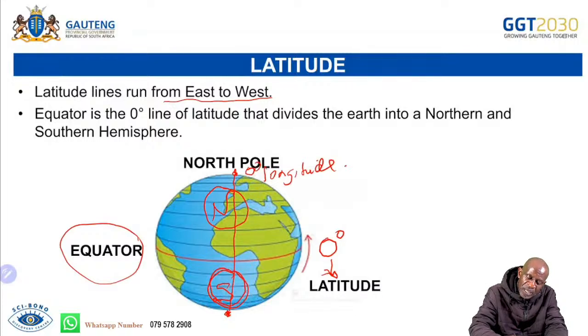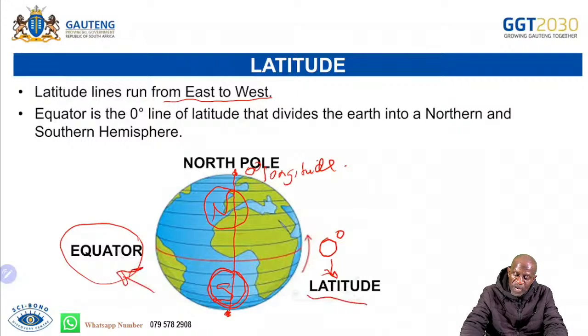Rather, if it's winter this side, you'll take summer clothing. That is one of the crucial roles that we need to know about this divide that is caused by the 0 degrees latitude, which we said is the equator.